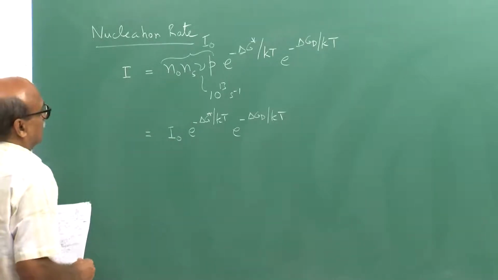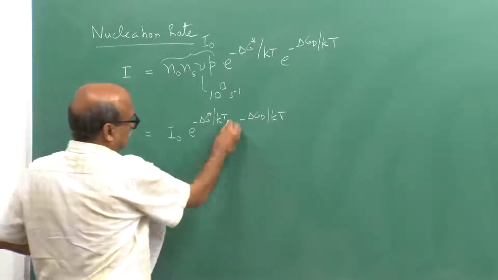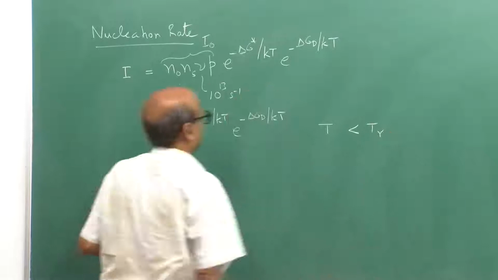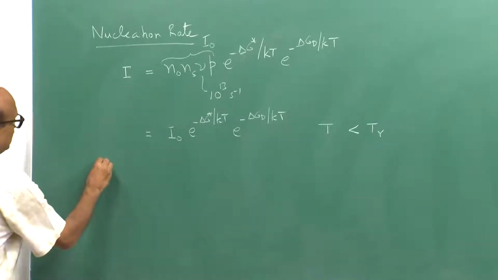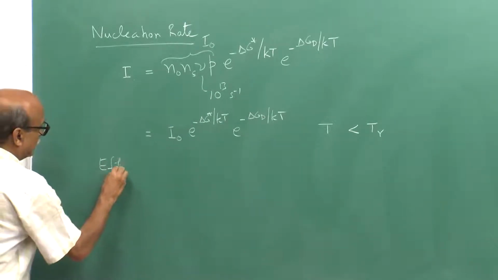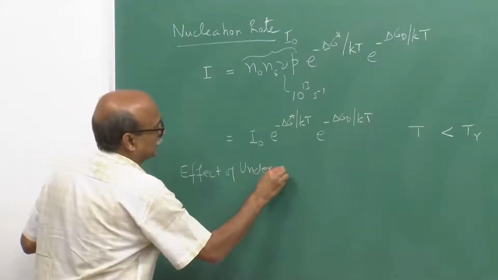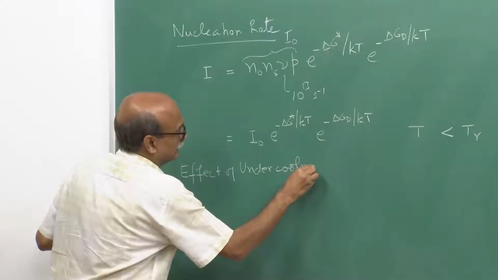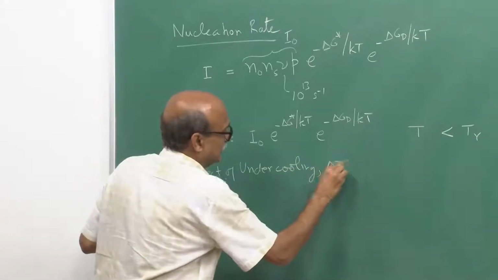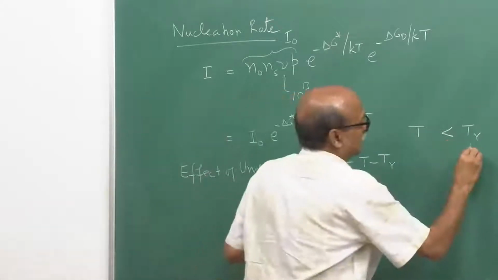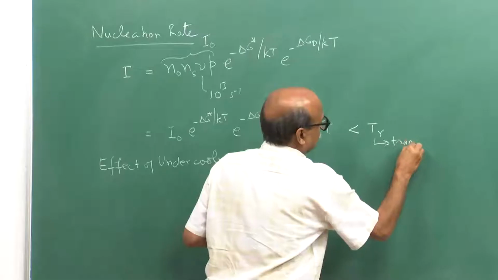Now, let us understand that the temperature here is less than Tr. What is the effect of undercooling, delta T, which is T minus Tr, where Tr is the transformation temperature?